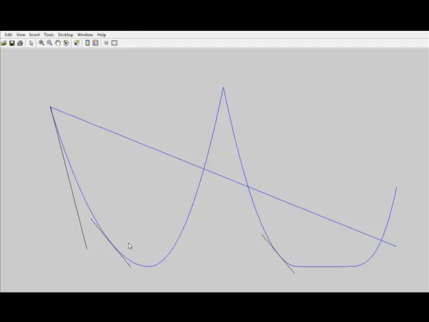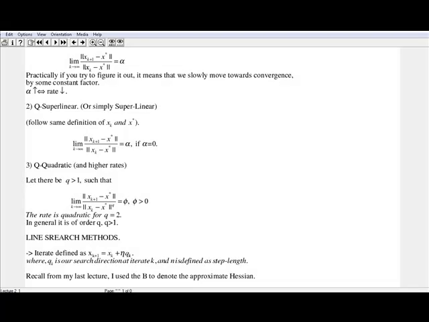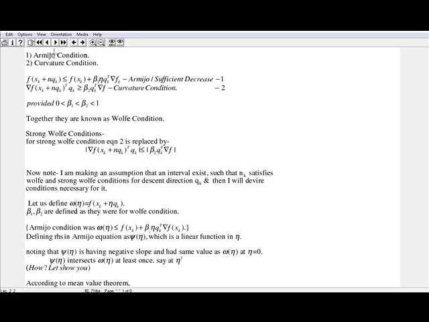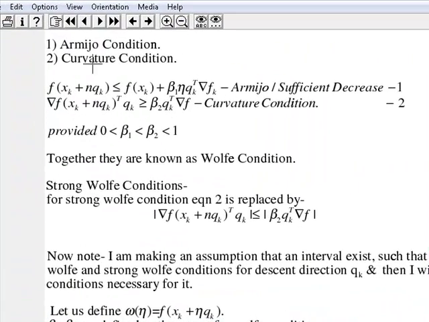If you combine both these conditions, the sufficient decrease condition and the curvature condition, then our Wolfe condition tells us that eta lies in the intersection of two sets, that is, the set of values allowed for the Armijo condition and the set of values allowed for the curvature condition. Take the intersection of both these sets and you will get the value of eta.